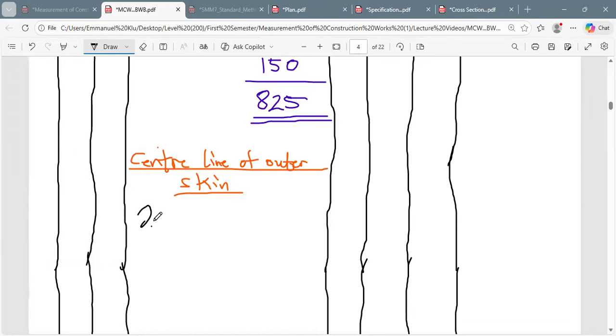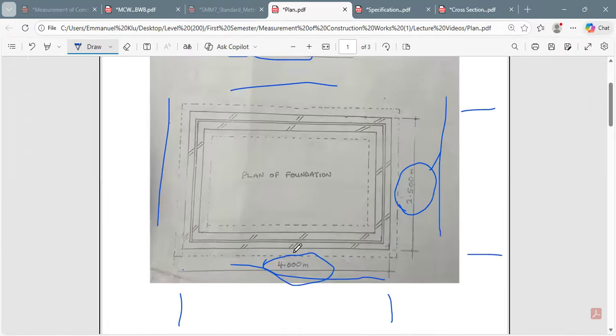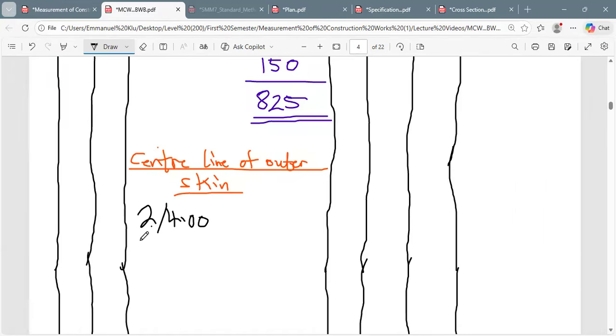So this is 2 times 4.00. You know where it's coming from. If you take the plan, you see it over there, 4.00 and 2.50. So times 2 also, because there are two sides. That is why I'm multiplying it by 2. At the end of the day, we are going to get a perimeter.